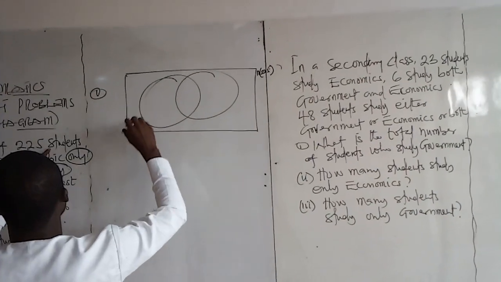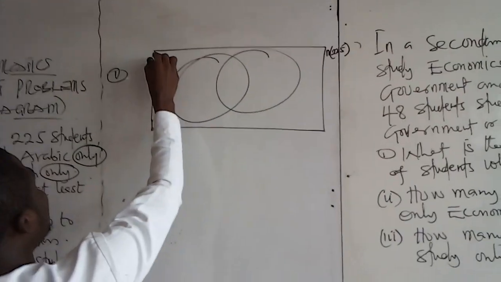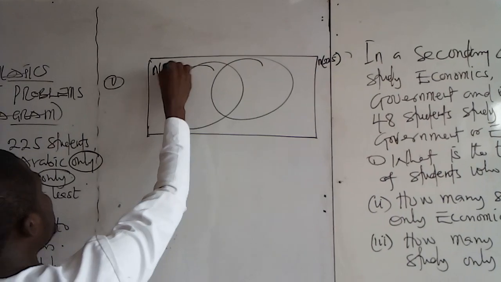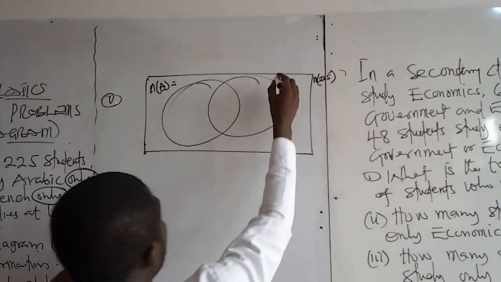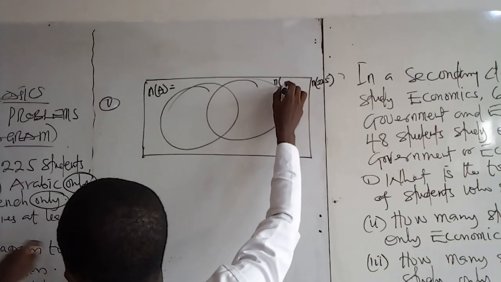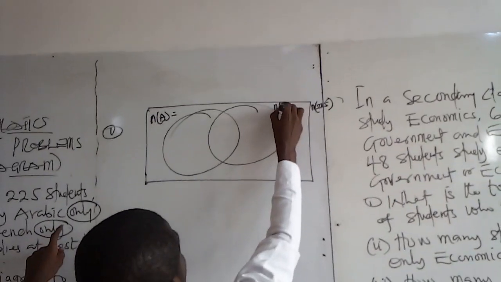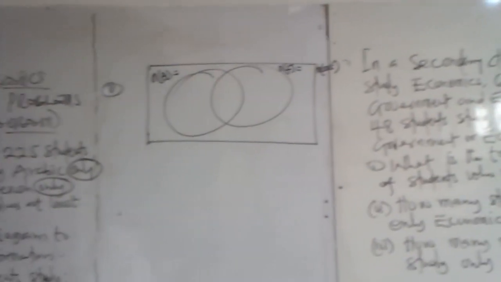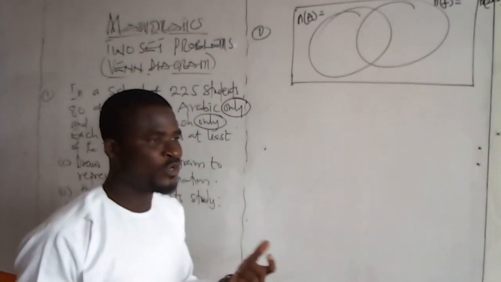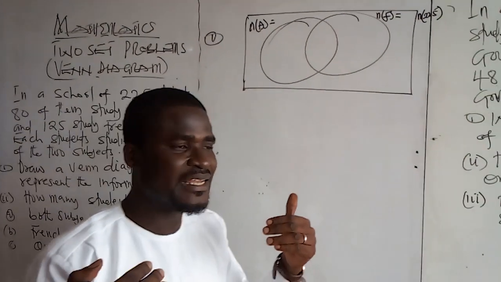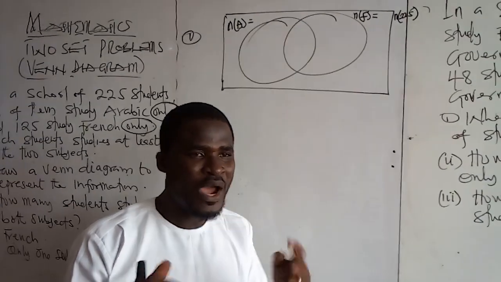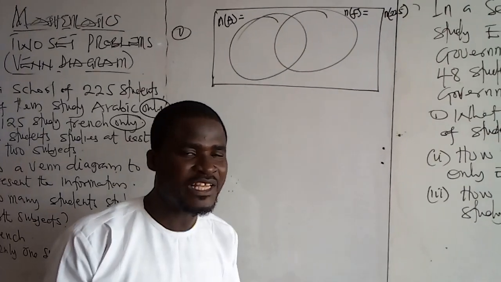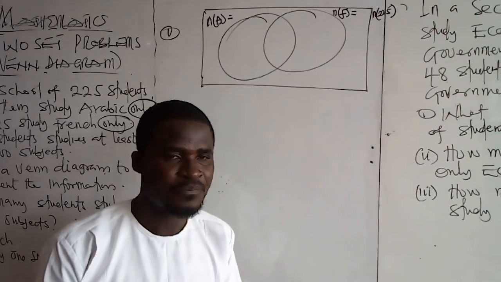Those who study Arabic, number of Arabic, we don't know. Those who study French, we don't know. When you watch the first lesson, go and watch it and come and watch this one, and you see the difference.